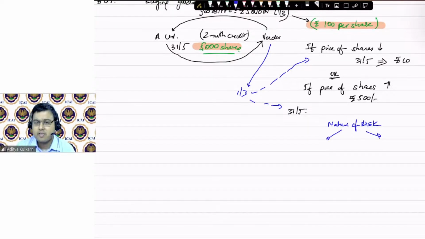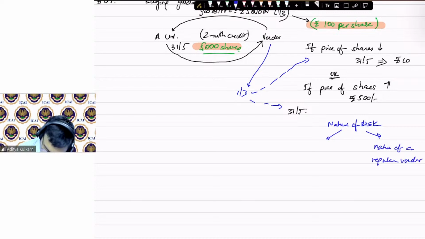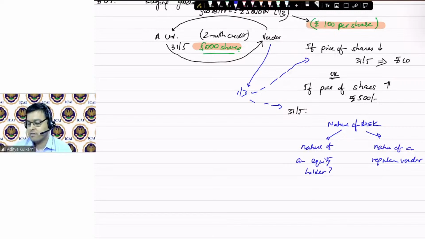Is the risk that the vendor is subjected to in the nature of a regular vendor, or is the risk in the nature of an equity holder? What is the risk that you are able to envisage?